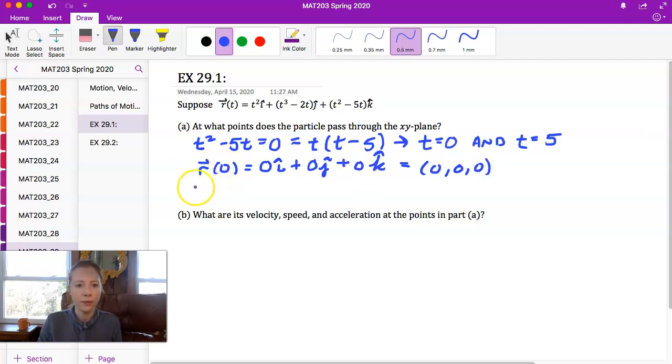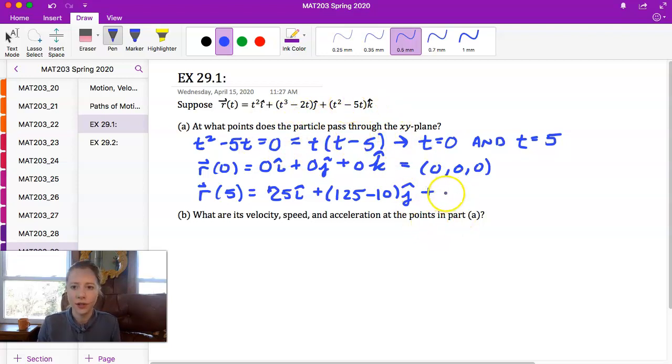And then we also have to look at r of 5, which is 5 squared i hat, which is 25, plus 5 cubed is 125, minus 2 times 5 is 10, so 115 j hat, plus, as we already determined, 0 k hat.